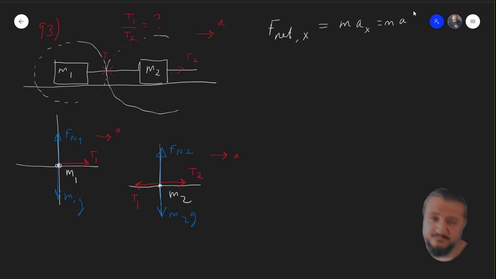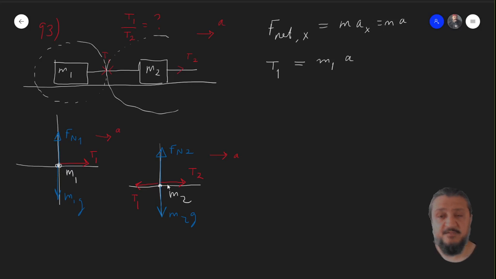But I have two free body diagrams, therefore I will have two equations. So from the first free body diagram, in the x direction I have T1. That's it. T1 is the x component of the net force, which has to be equal to mass times acceleration, m1, because I'm doing it for the first free body diagram, m1 times a.